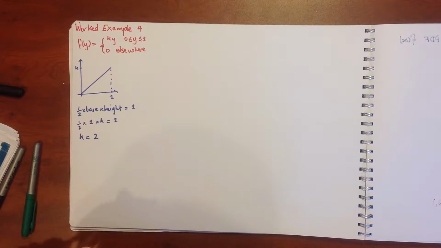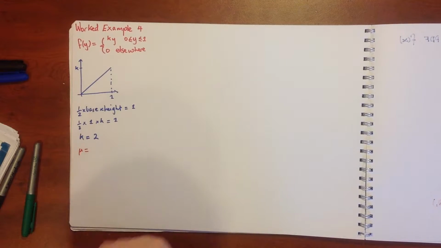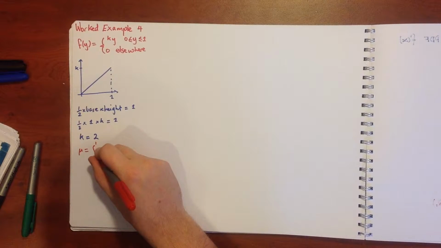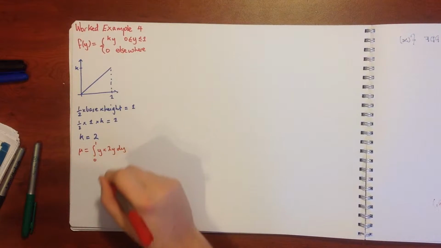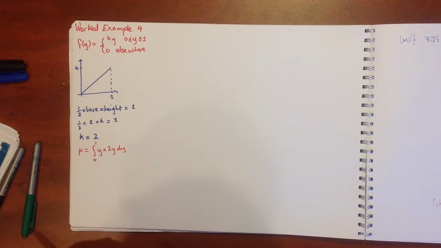So I'll just switch over colours. Remember, our mean is equal to the integral from 0 to 1 of, now it won't be x, but it'll be y times 2y dy. We're always going to multiply our function by y.